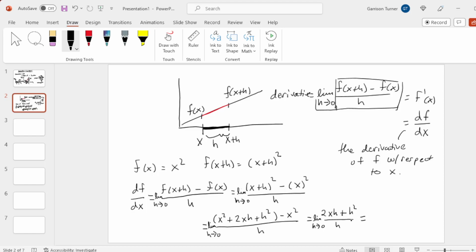And so when I divide by h, I now have 2x plus h in the limit that h goes to 0. And if h goes to 0, then I'm just left with 2x. Okay? So this is the most important result.